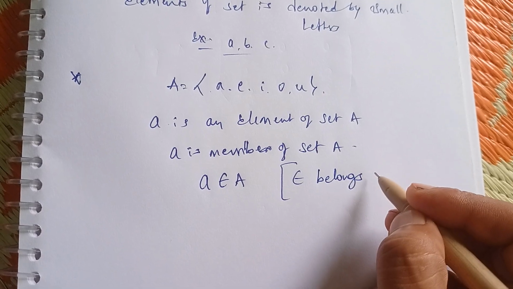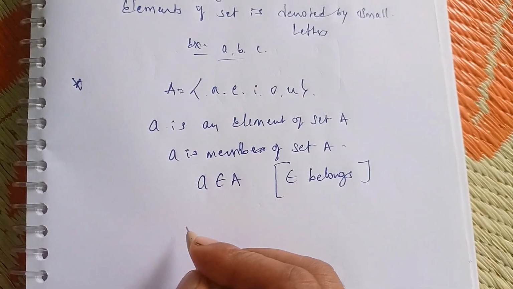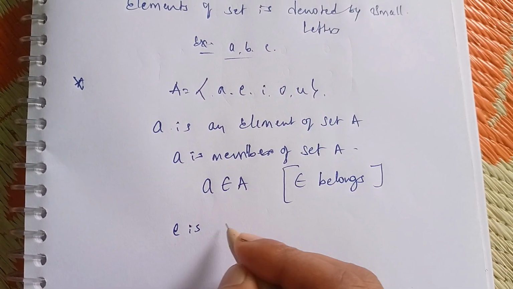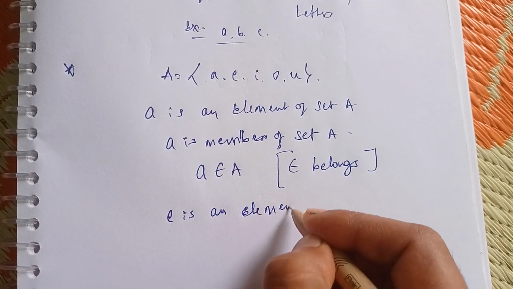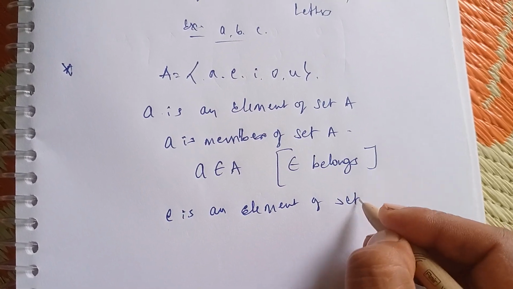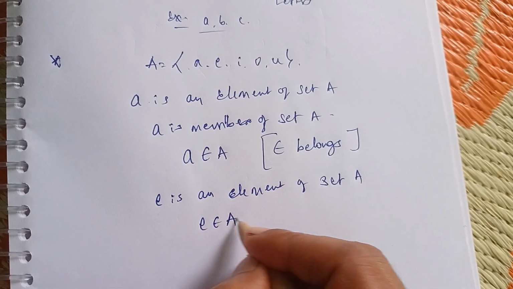For example, one more, e is an element of set A, meaning e belongs to A.